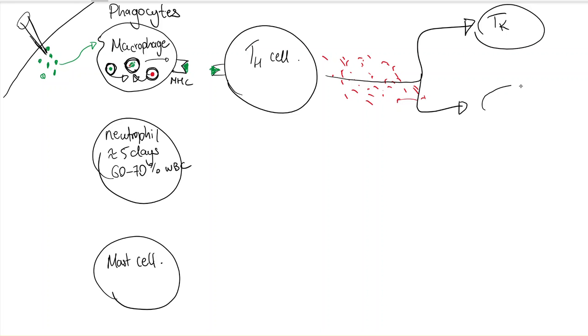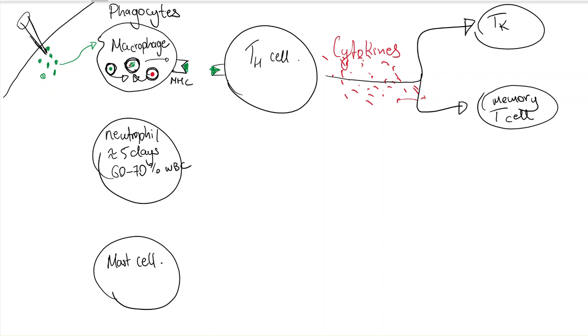Then you have your memory T cell, and these ones stick around in case the antigen reappears. So that's your memory T cell. Okay, so T killer cell, sometimes they call you cytotoxic T cell. Now that's with the help of cytokines. Those are your chemical mediators in red.